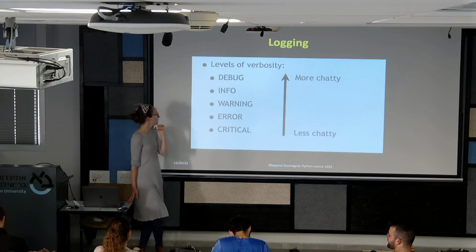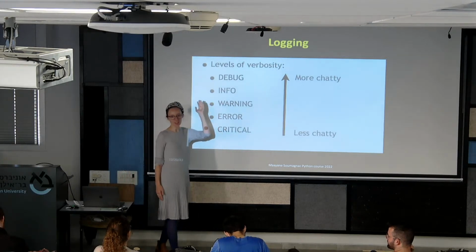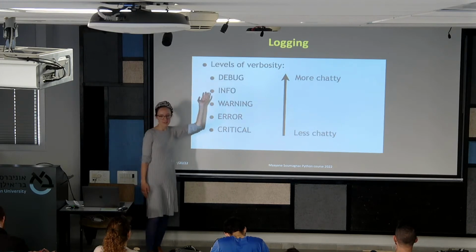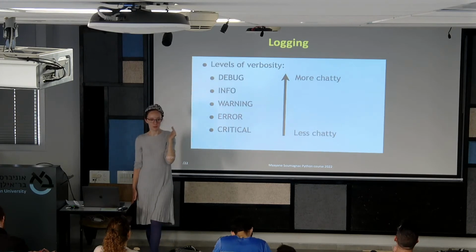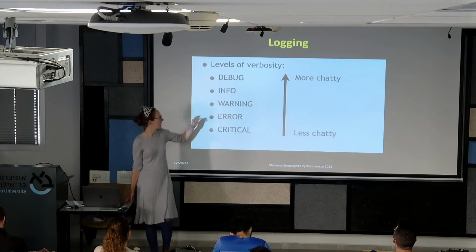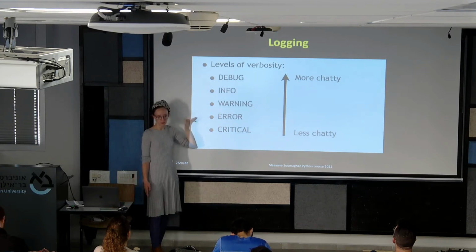If you want it to be very chatty, you would set the default level to debug. And then every time you print a message with the debug level, it will print the debug level and all other levels. This is important to understand.